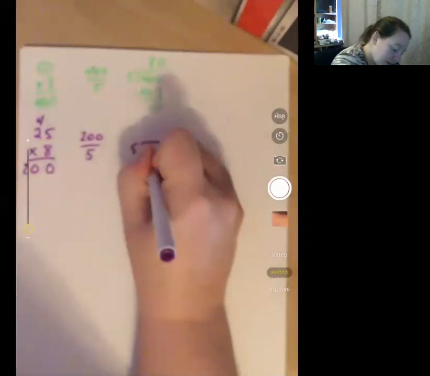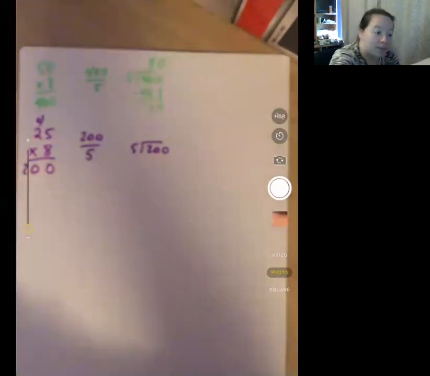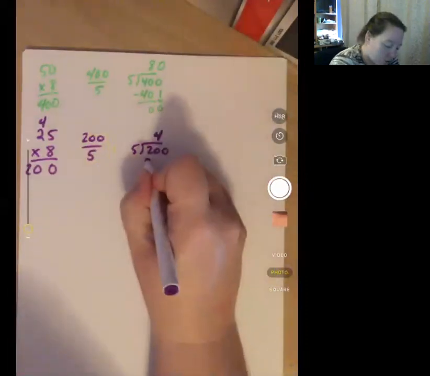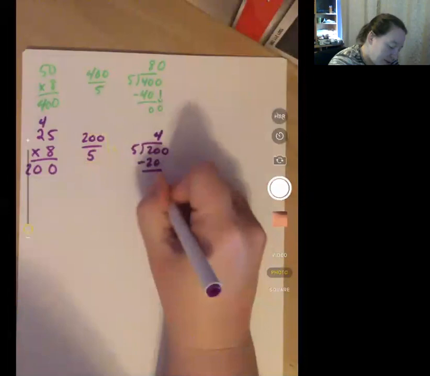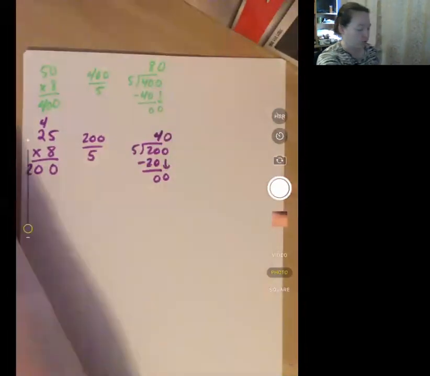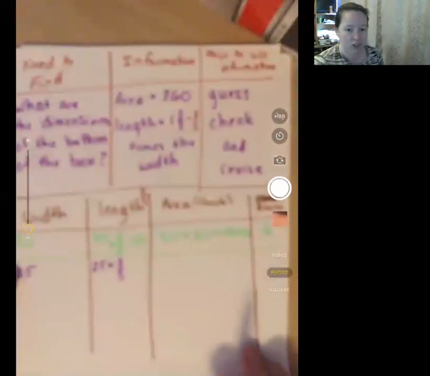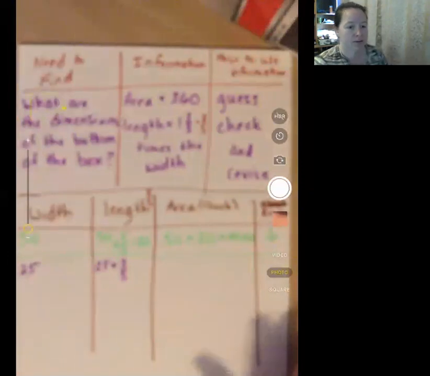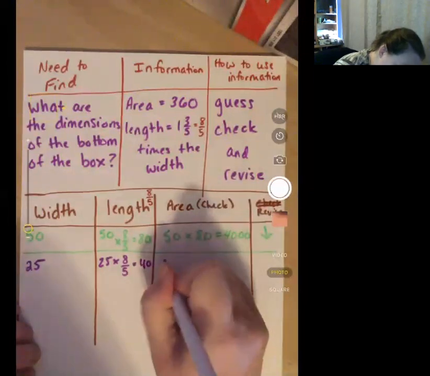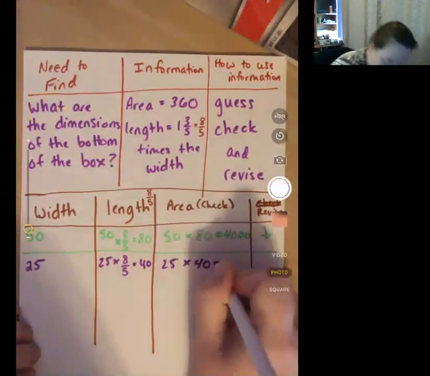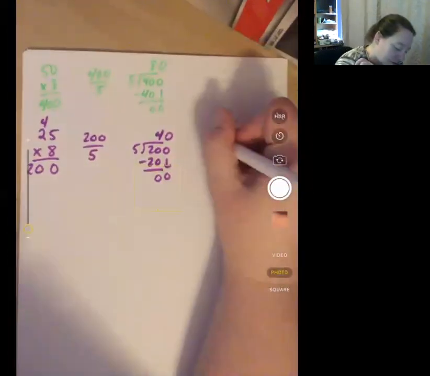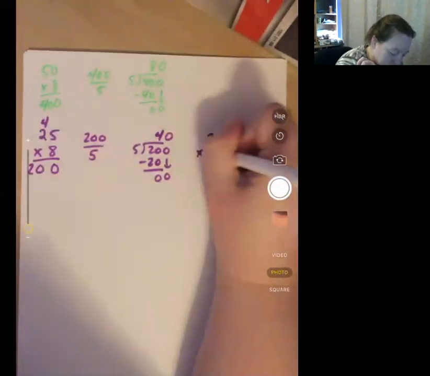5 into 200. 5 goes into 20 4 times, because 5 times 4 is 20. 20 minus 20 is 0. Bring down the 0. 5 goes into 0 0 times, so it's a total of 40. Coming back over to this page, the length equals 40. So then I have 25 times 40.